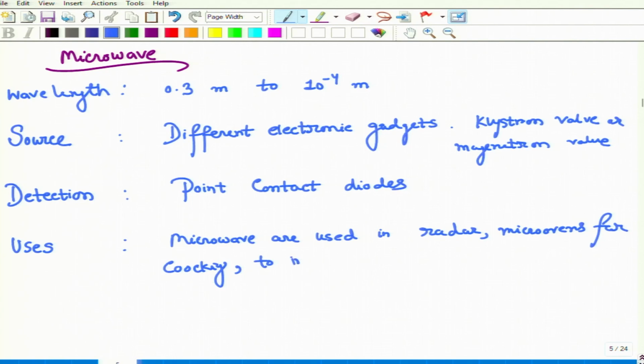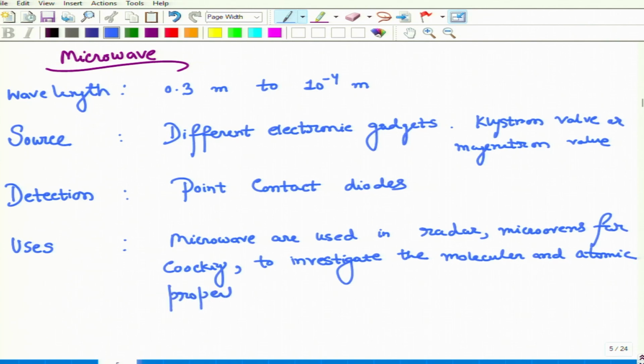Also to investigate the atomic and molecular properties. And one important thing, the wavelength used in the microwave oven is 0.112 meter. Okay, so we can remember that.